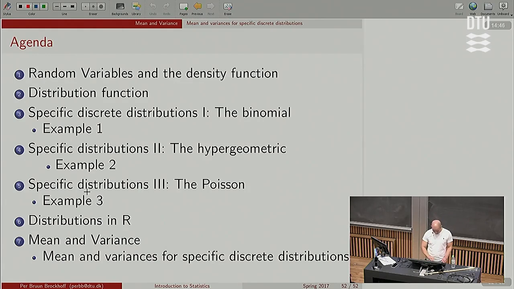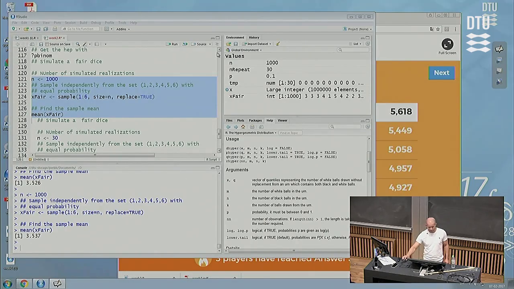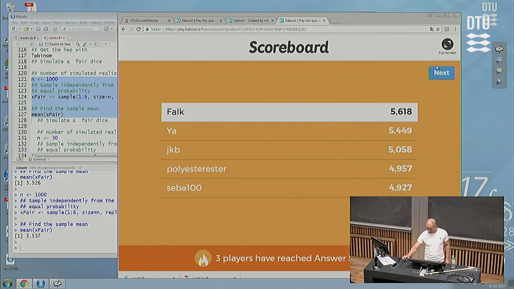That's basically it for today, but we're going to have a winner made.